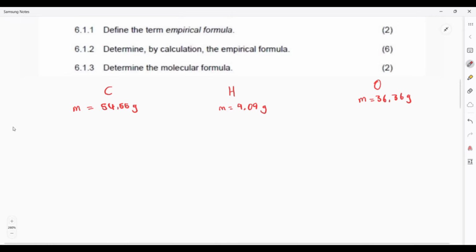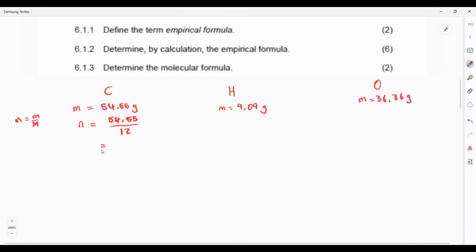Then from there, I'm going to find the number of moles of each element by using the formula n is equal to m over capital M. This is the formula that I'm going to use. So here I'm going to say the number of moles will be 54.55 divided by 12, which is the molar mass.